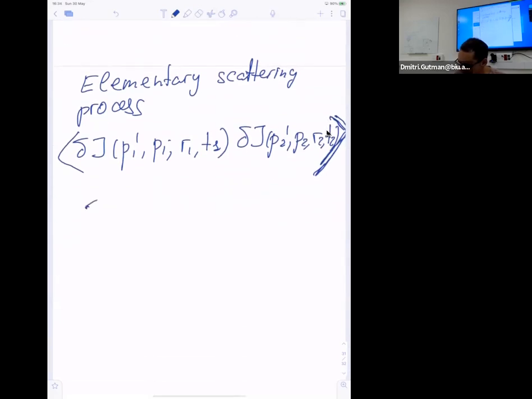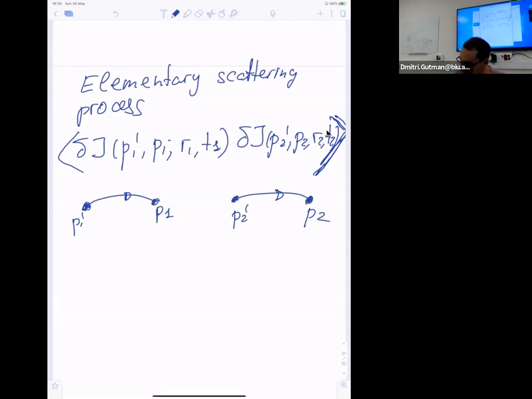So this one is the random flux between state P1 prime and P1. This one is a random flux between state P2 prime and P2. So this has two coordinates, the beginning and the end. This one has two coordinates, the beginning and the end.